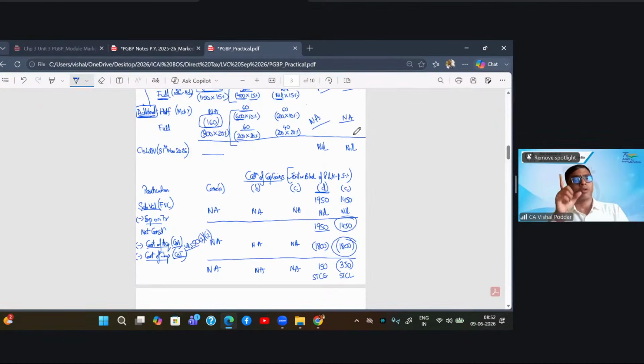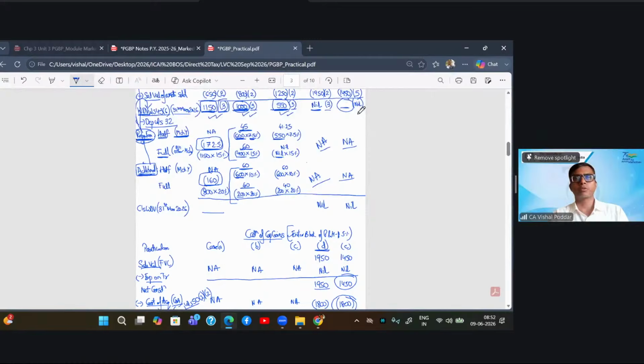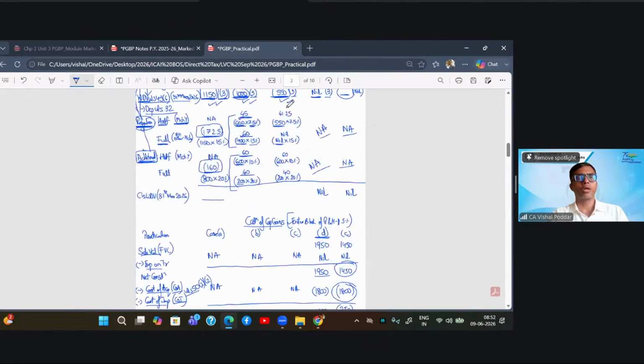First, you have to check whether capital gain or loss has to be calculated. When will it be calculated? Only in two scenarios. What are those scenarios? Either WDV becomes nil or the block is zero because all assets are sold, so assets become nil. In all other scenarios where both things exist, there will be no capital gain calculation. You will continue with depreciation.